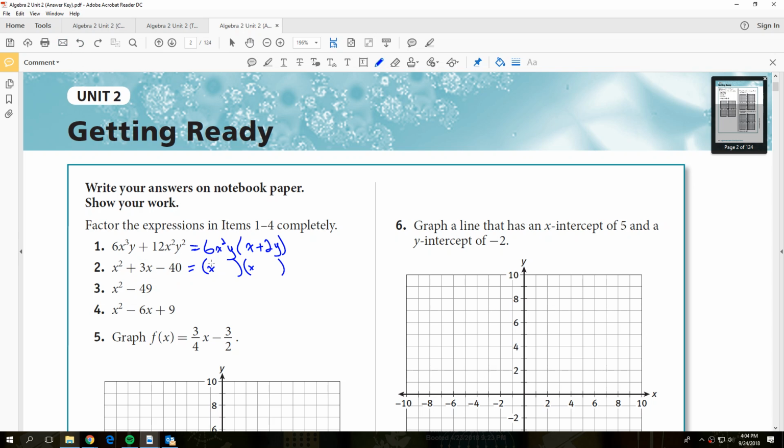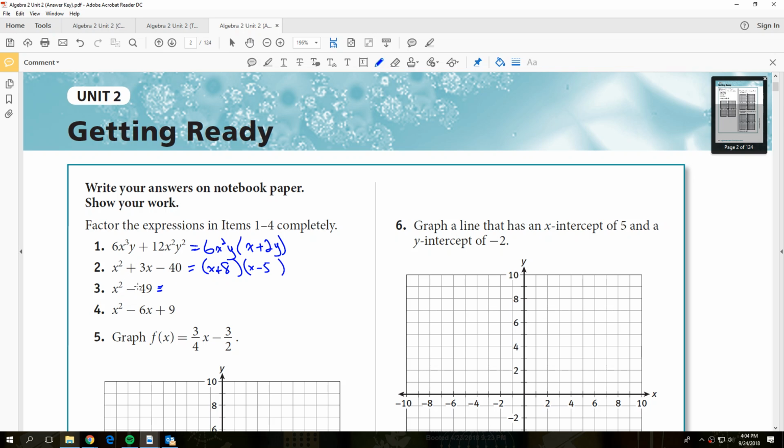And those two numbers are positive 8 and negative 5. Again, positive 8 plus negative 5 will give you positive 3, and positive 8 multiplied by negative 5 will give you negative 40. And if you multiply this back out, then you would end up back with that expression.